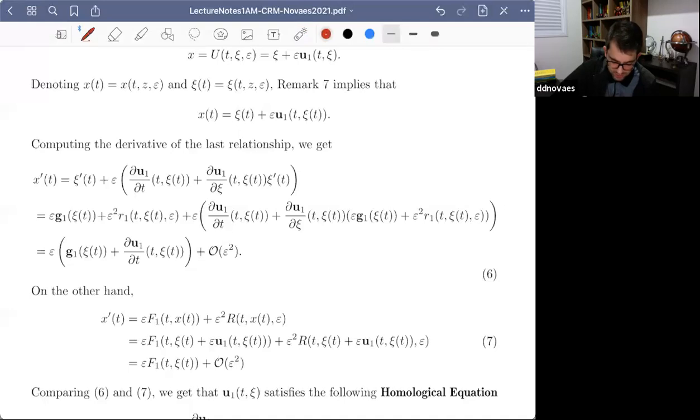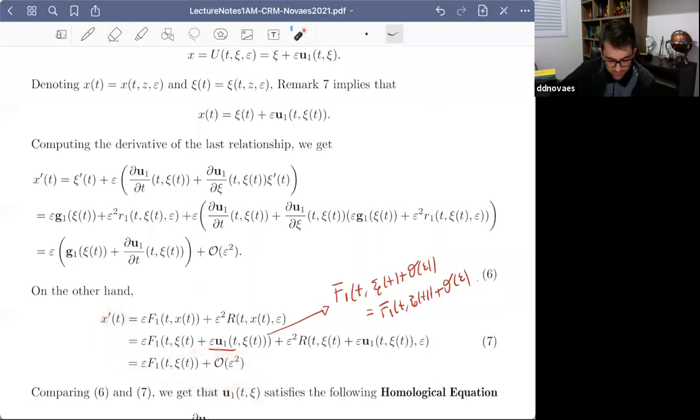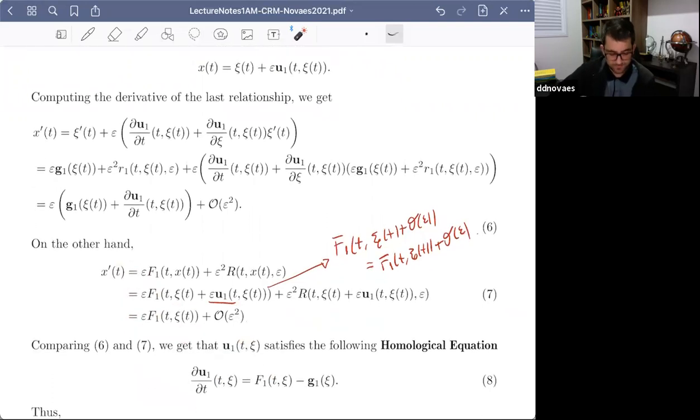Everything here is smooth, so we can, for instance, consider the Taylor expansion and check that f1(t, c) plus order epsilon is equal to f1(t, c) plus order epsilon. So this is what we get: x prime(t) is equal to epsilon times f1(t, c) plus order epsilon squared.